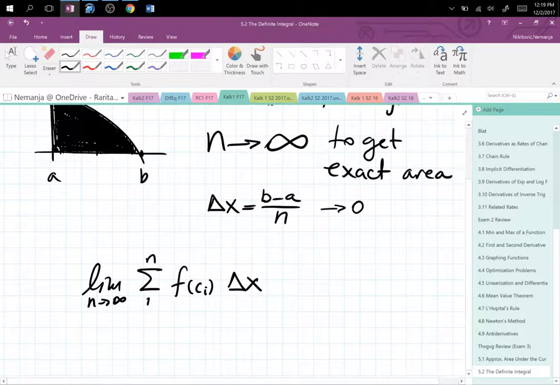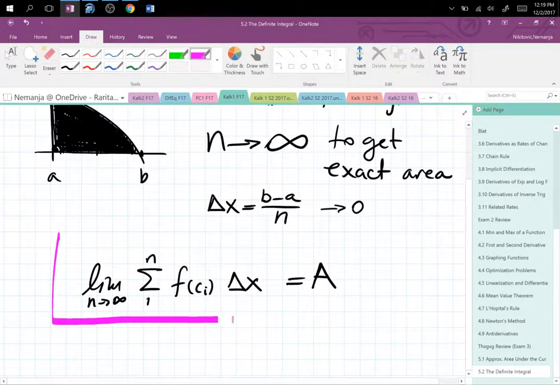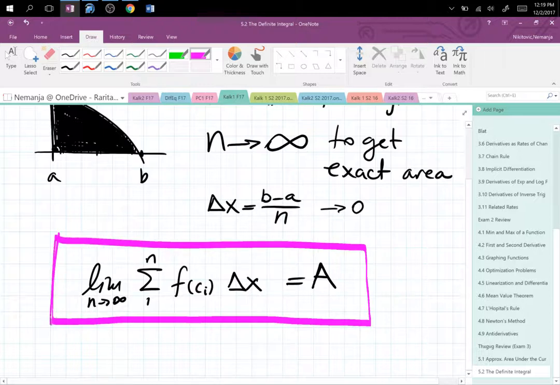This is going to give us the exact area. This is called a Riemann sum, by the German mathematician Riemann, who figured this out in the 1800s. So welcome to being about 200 years behind current mathematics. So this is the formula which calculates the exact area under the curve.